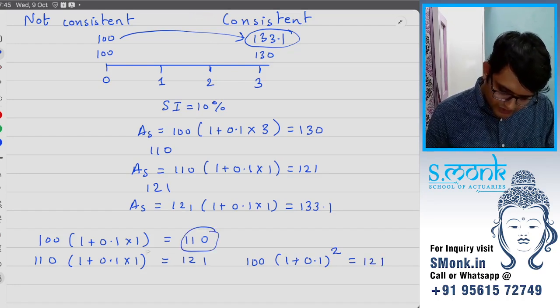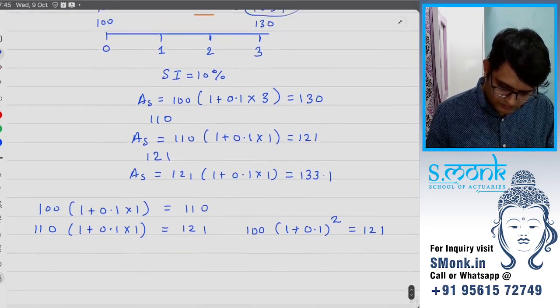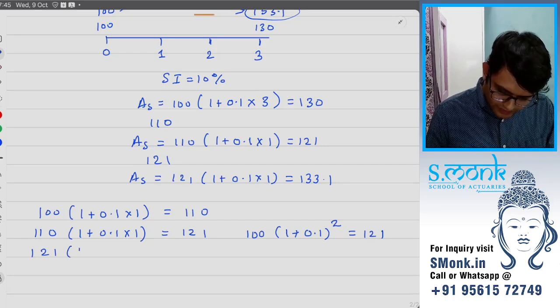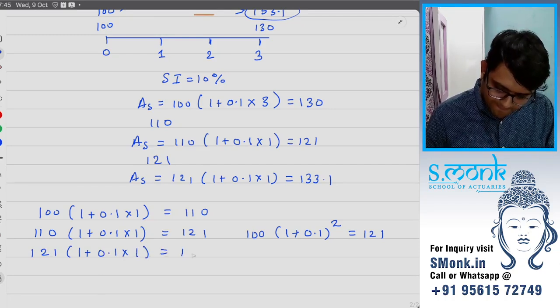I am just substituting this 110 as this here. Right? And then I will say 121 into 1 plus 0.1 into 1 is 133.1.